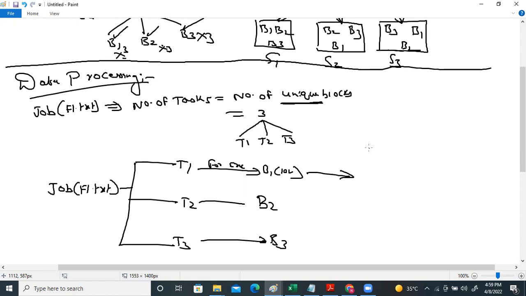All 3 slaves are executing. Slave 1, slave 2, slave 3. Just 1 second. Give me a second.